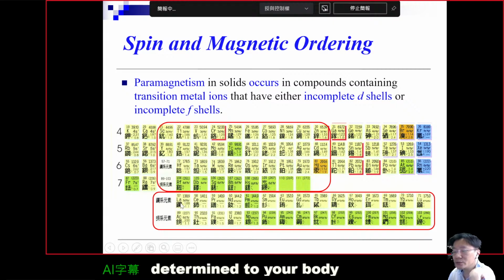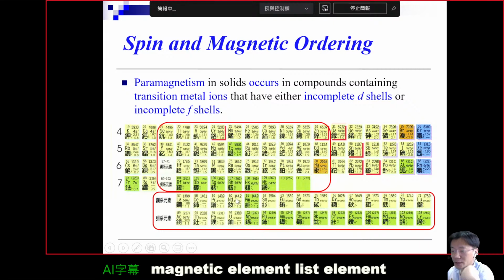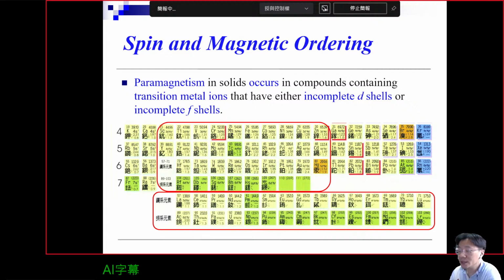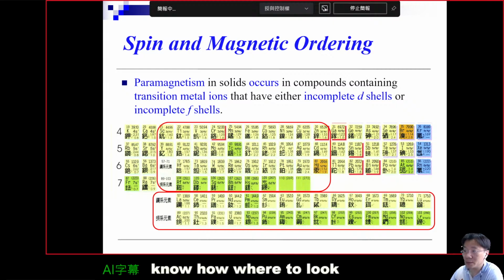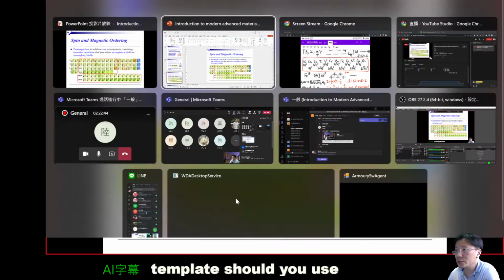So the best way to look for a strong magnet is to make it from the lanthanide elements. Okay, so that's the example: if you have a basic knowledge of magnetic theory, then you can know where to look for the material or compound that fits your usage.